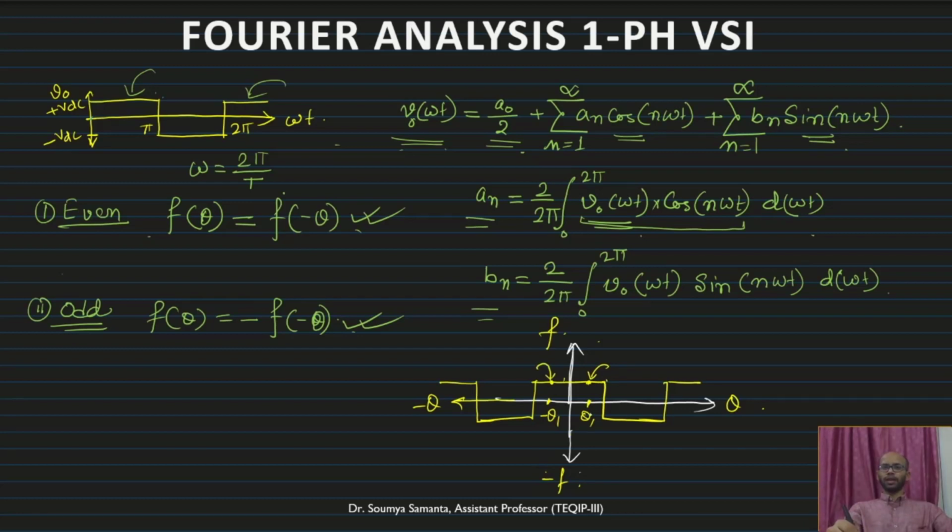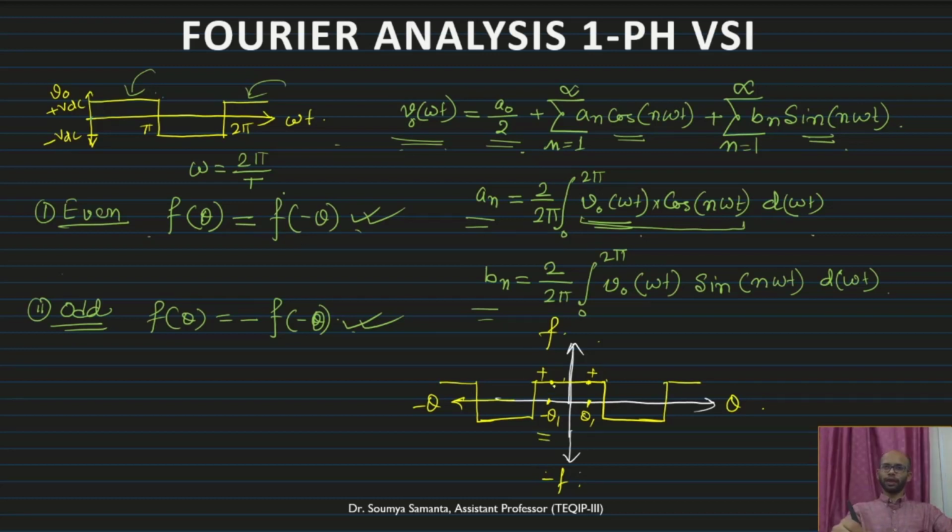So the magnitudes are the same. Then this is called the even symmetry, because in both cases the value is positive, so there is no sign change.